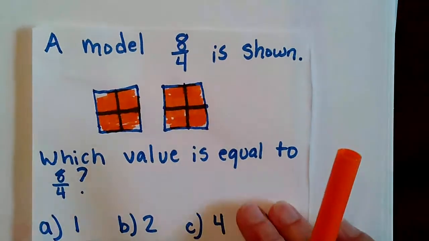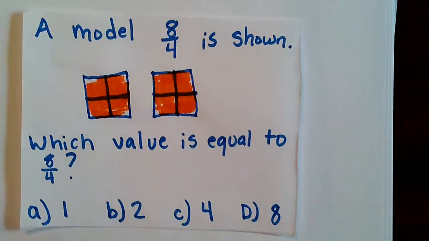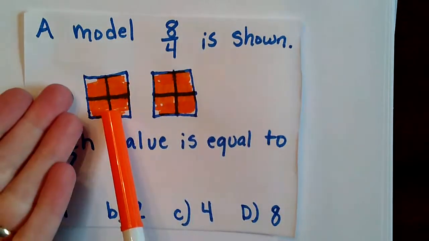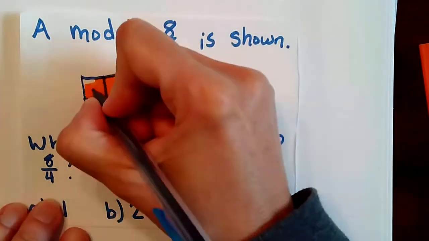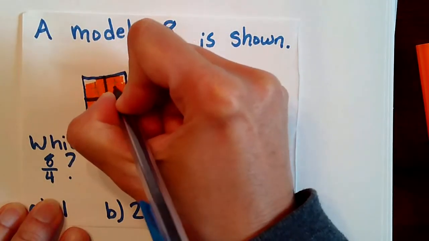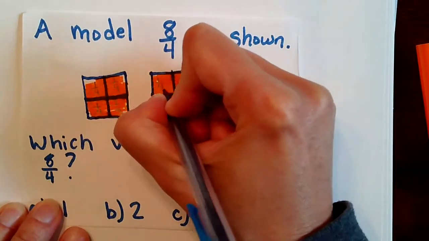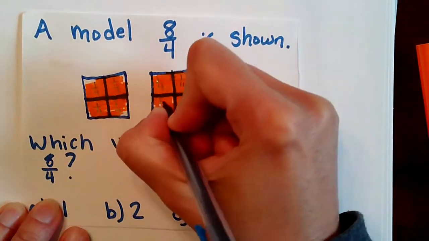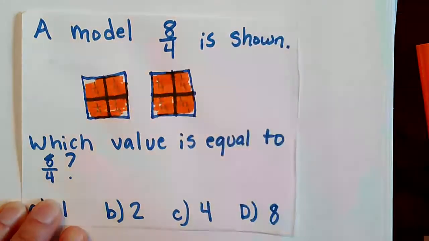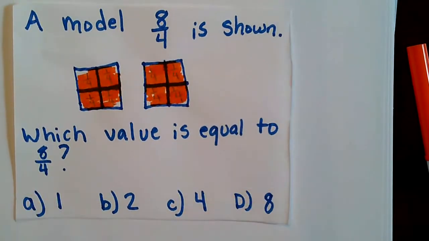And for the next one, here comes one. A model 8/4 is shown. So you see everything except for the unit fractions labeled. Get those labeled right fast. And we have 8/4. So if you look at 8/4, which value is equal to 8/4?